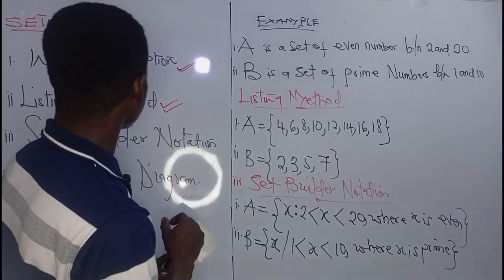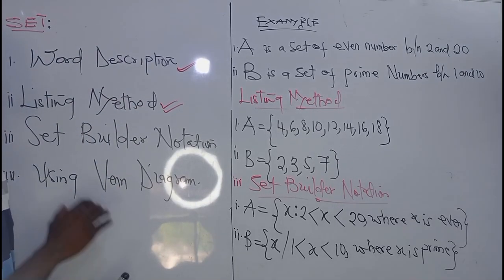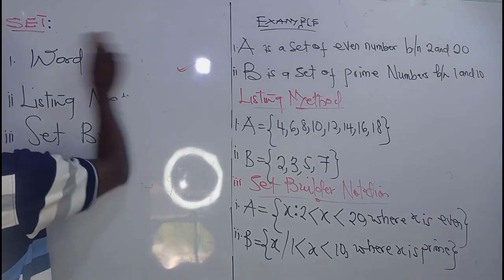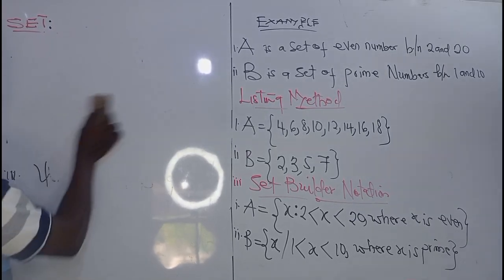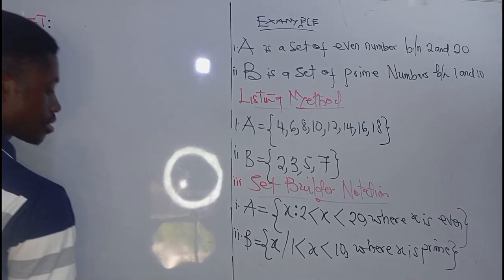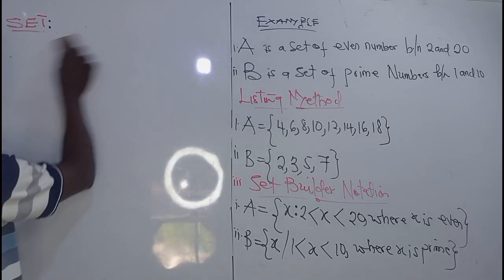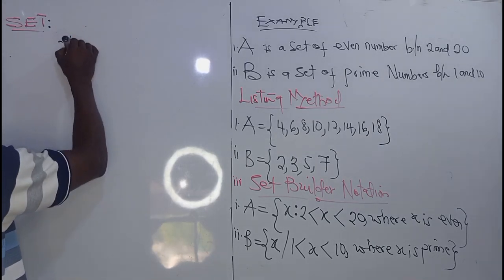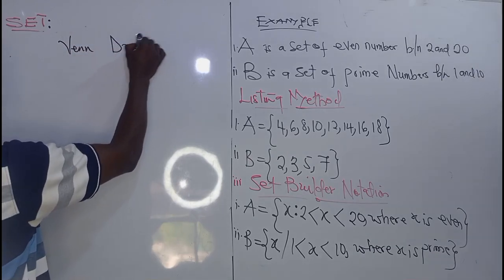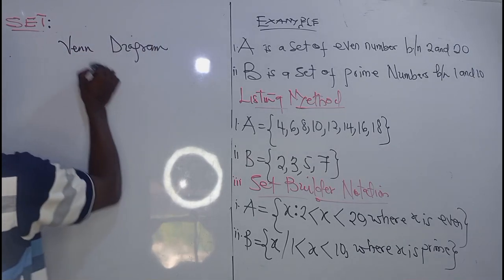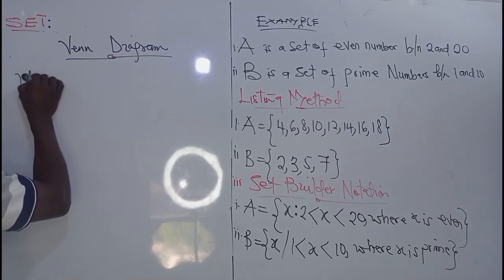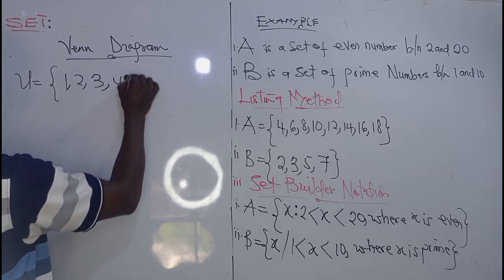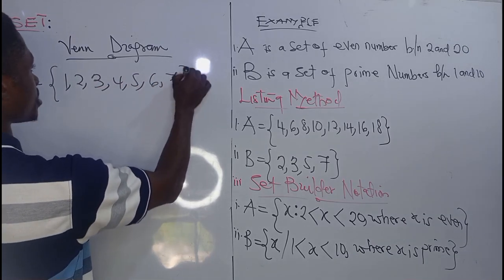Good. Now let's look at the last one, which is using the Venn diagram. Let's take it that you have the universal set, which contains the elements 1, 2, 3, 4, 5, 6, and 7.